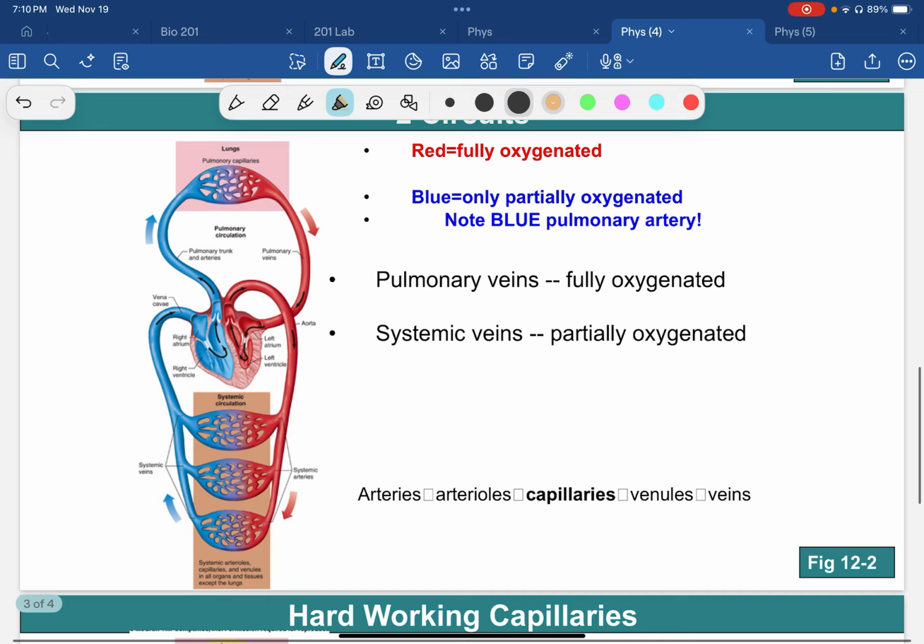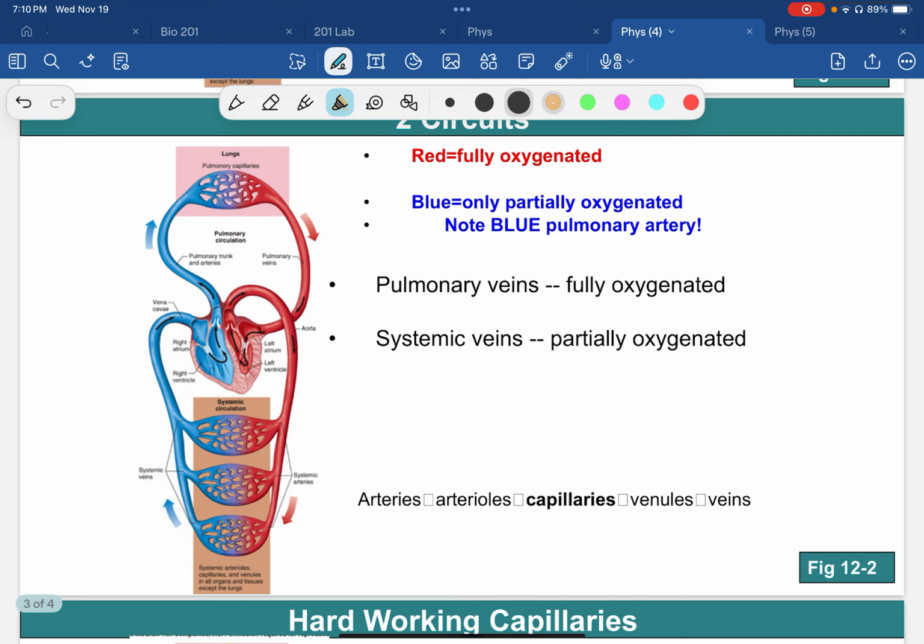And so to look at this diagram a little more, we know that our red blood is going to be oxygenated. And we can see that because it turns oxygenated after the lungs right here. So that means that it receives O2 right here. And then blue is only partially oxygenated because it's taking that waste from the cells and bringing it back to the heart.